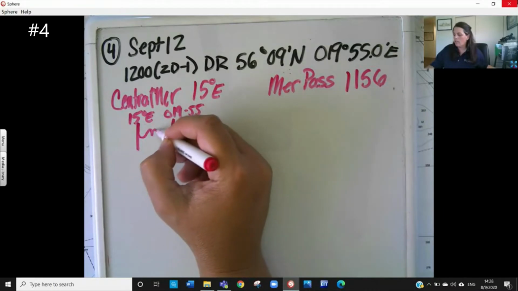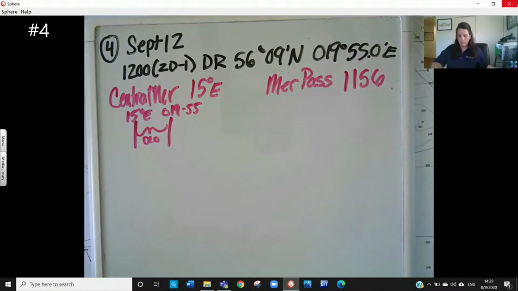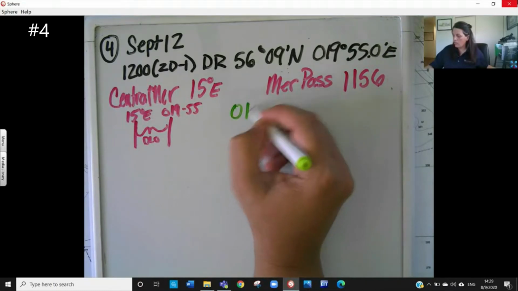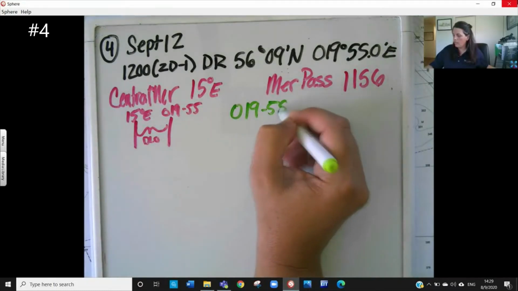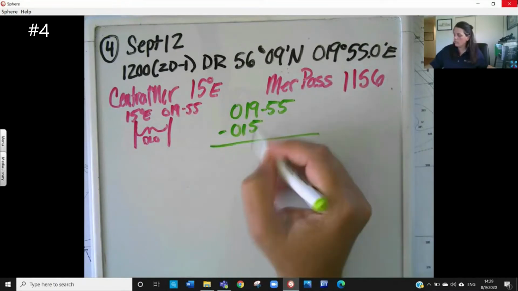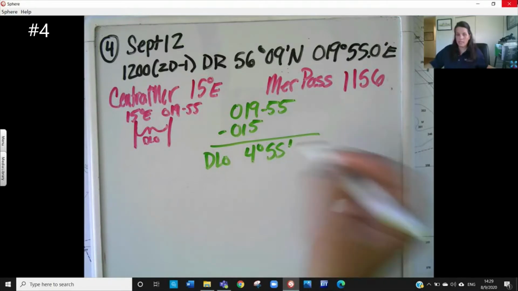So we need to figure out the DLO to figure out the time difference on when those things are happening. So our 019°55' minus 015° gives us a DLO of 4 degrees, 55 minutes.